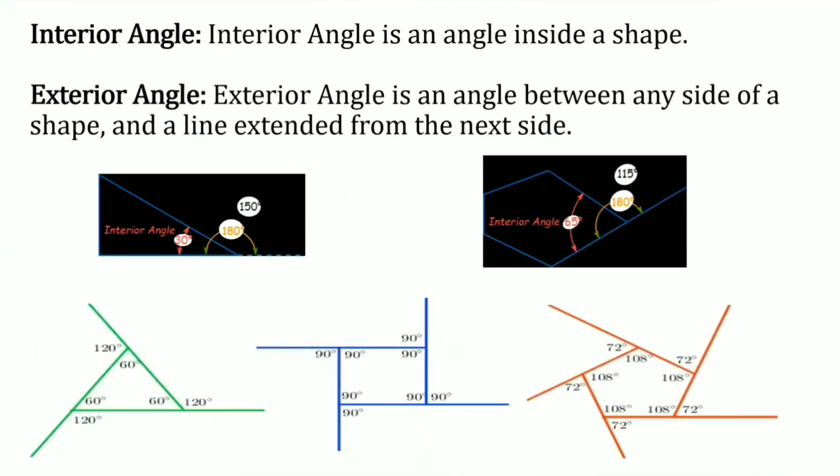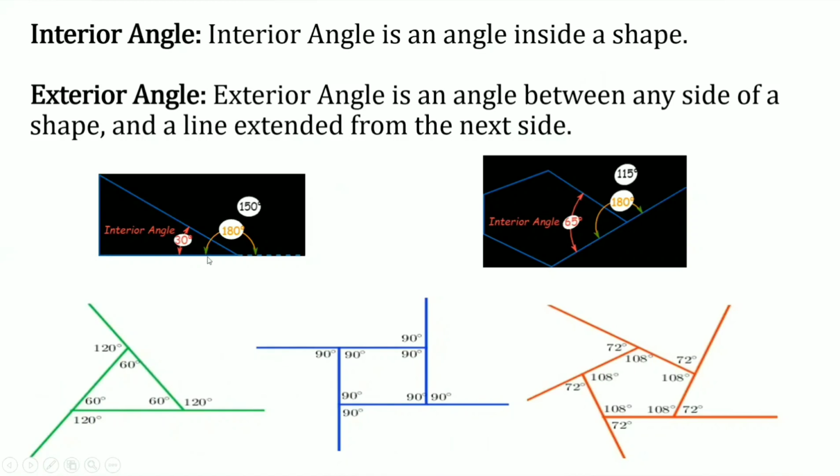Next is interior angle and exterior angle. An interior angle is an angle which is inside a shape. As I said while we were discussing convex and concave polygons, we have discussed interior angles, that an interior angle will be lying in the interior part of any polygon.